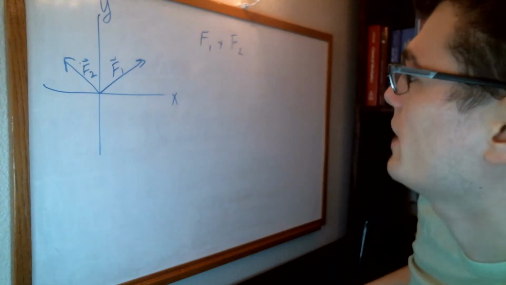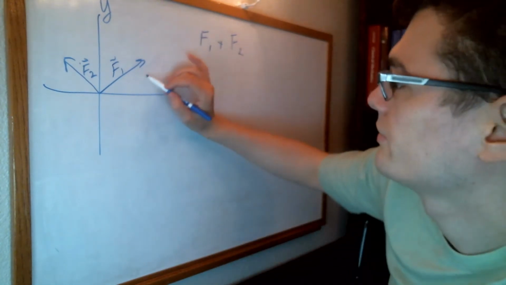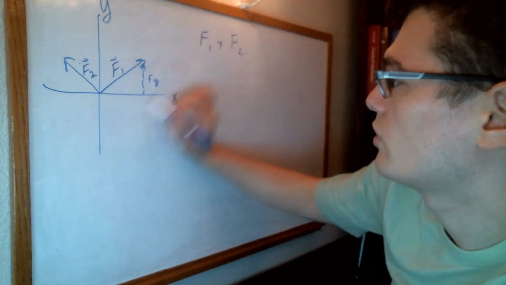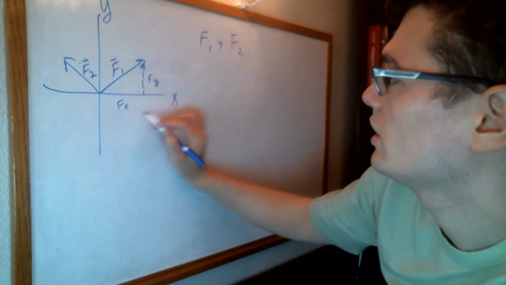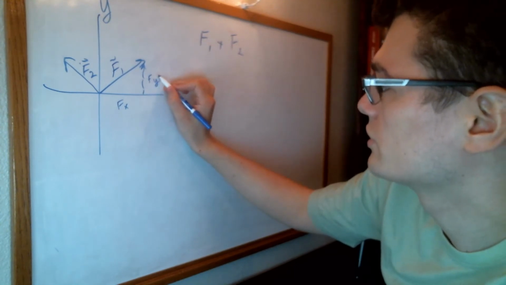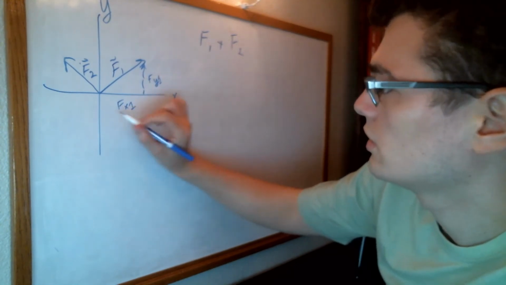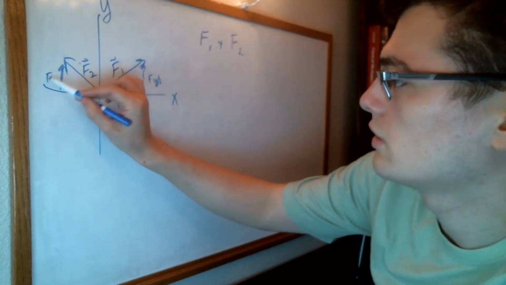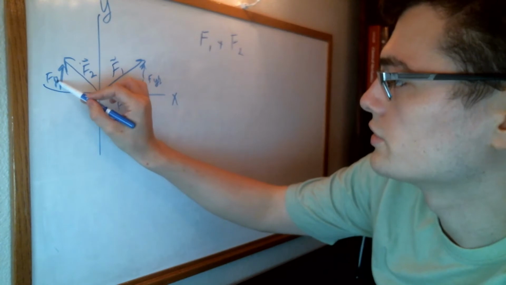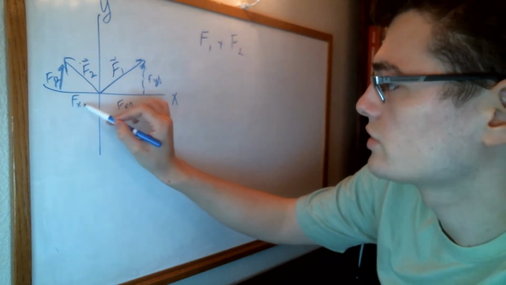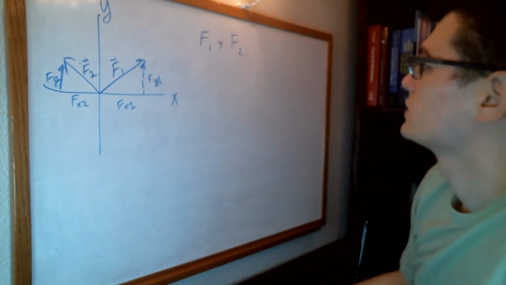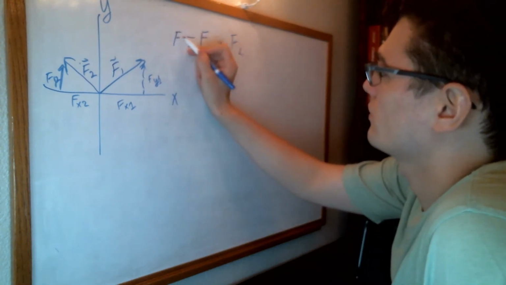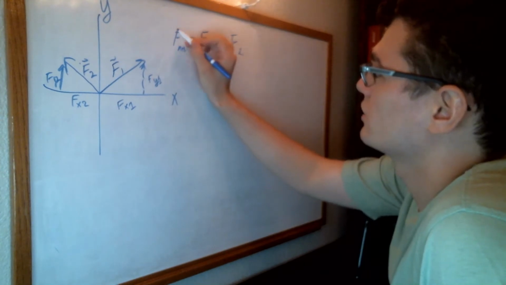So what's going to end up happening here is, let's see, well, let's break them down into their components. We have Fy and Fx, and we're going to change the notation here so that this is 1, and we'll do the same thing for the other side. This will be Fy, and this will be 2, and this will be Fx, and this will be 2. So then this breaks down further into, we'll say that this is Fnet here.